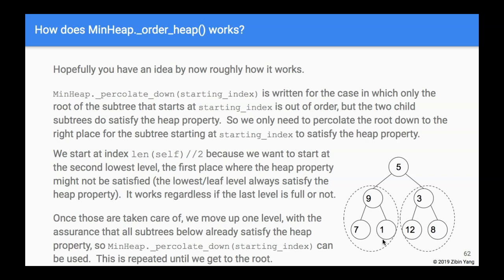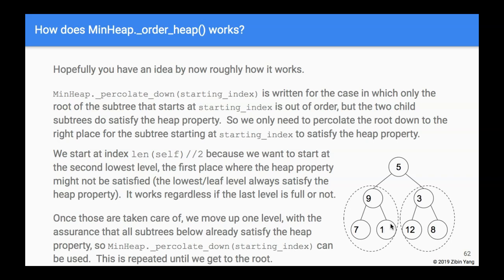Because when you think about it, at the lowest level, each subtree only has a single node, and those subtrees will always satisfy the heap property. So the second lowest level is where things may not work as far as the heap order is concerned.